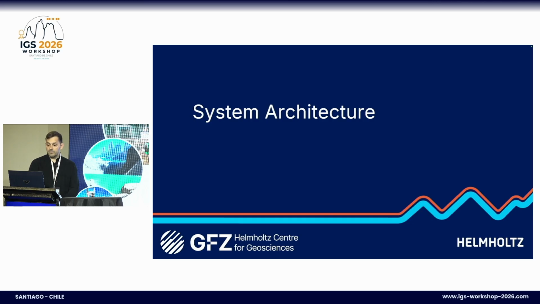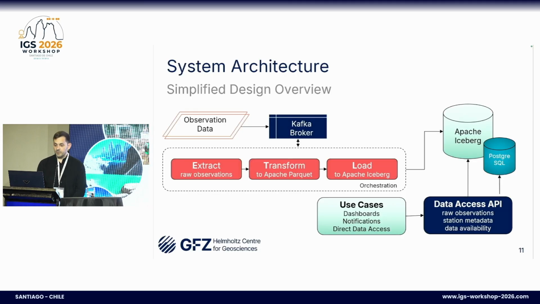All right, now I would like to show you a simplified version of our system design that we came up with. You can see at the top, it's basically observation data pouring in from remote locations. It doesn't matter if they come from SFTP, HTTPS, S3, we can handle them.